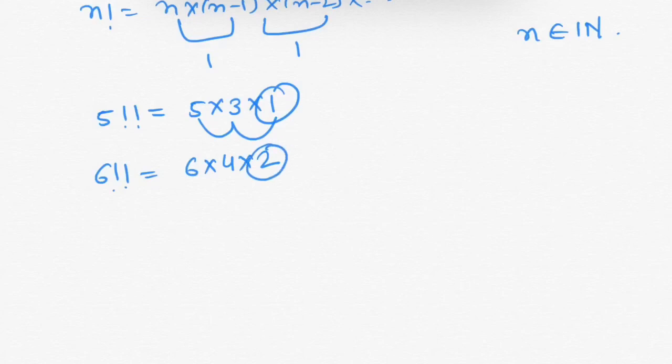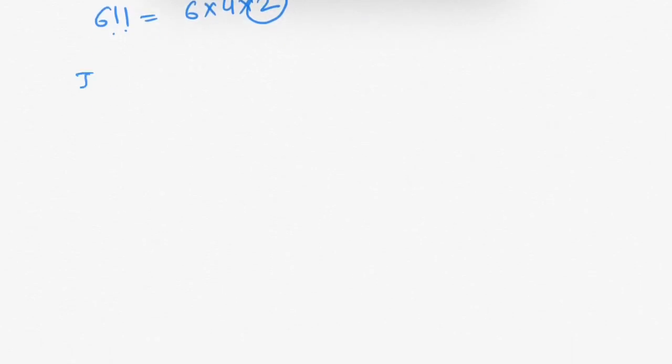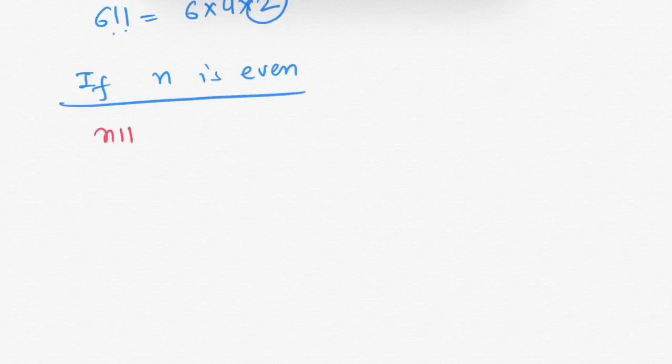Now I'm in a position to write the general formula for double factorial. If n is even, then n double factorial equals n into n minus 2 into n minus 4 into and so on, 4 into 2.